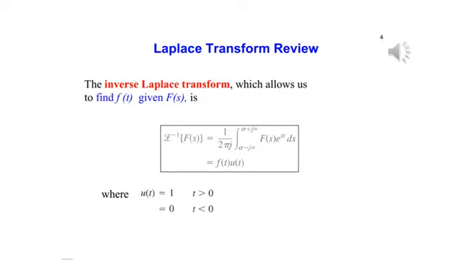Likewise, we have inverse Laplace transforms to convert a frequency domain function into a time domain function. So we have, let's say, F of s as a frequency domain function. Mind that in F of s, this F is capital, while in f of t, this f is small.